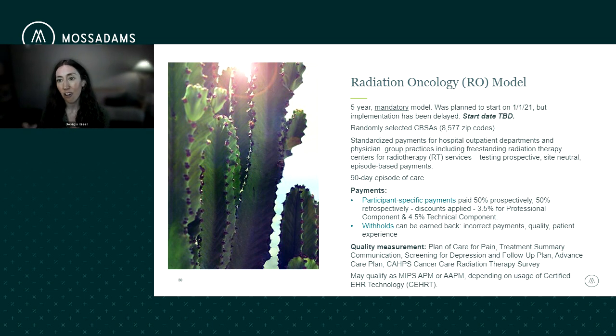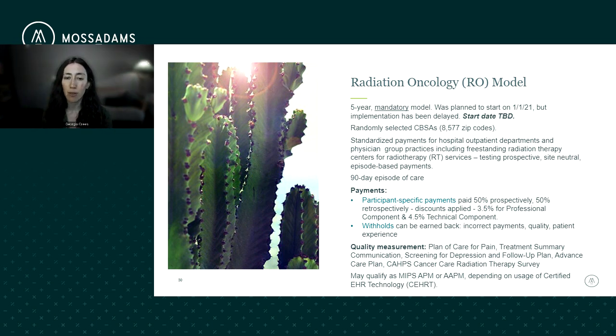It's basically a large list of zip codes. And on our next slide, I'll show you a map of where those zip codes are so you can get a sense if maybe you're sitting in one of those zip codes today or not. But basically, it is looking at a host of different cancer types, and then a 90-day episode of care following diagnosis, and changes the way that providers, oncologists, are paid when you're providing care in those conditions.